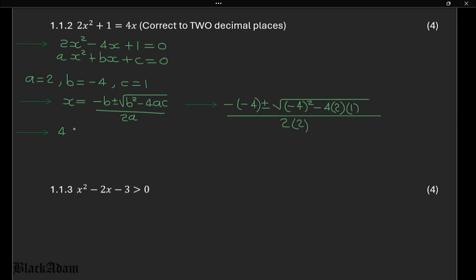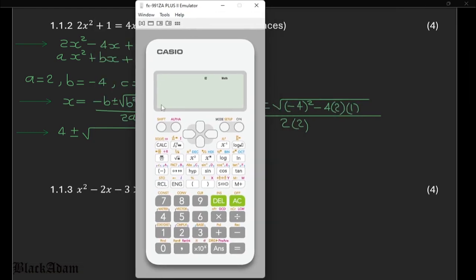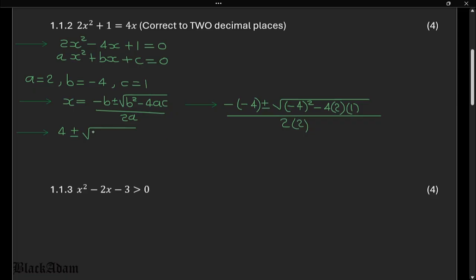And we leave the two signs, then there's 4 there, negative times negative is 4, and the plus or minus root. Let's check in the calculator. We have negative 4 squared minus 4 multiplied by 2, 1, and equal sign, that's 2 root 2. Okay, so 16 minus 8 divided by 2 bracket 2.